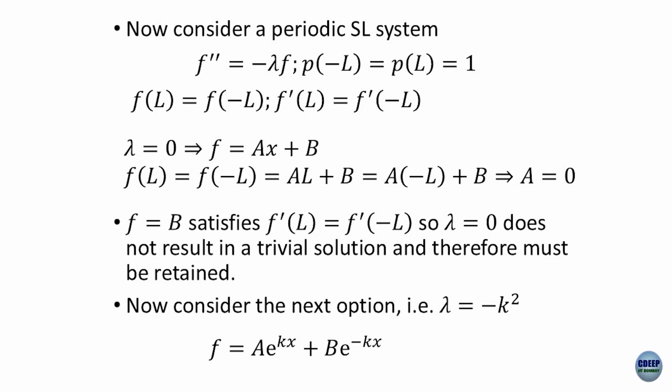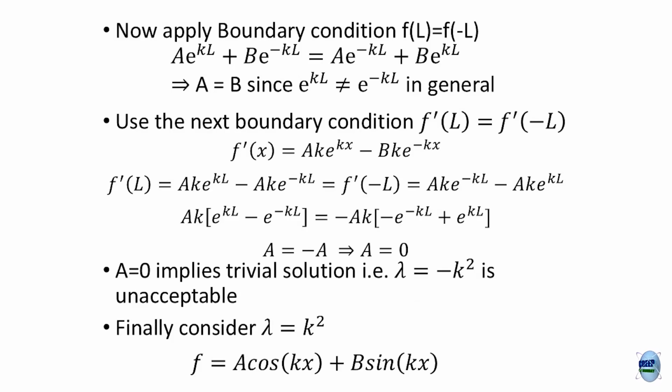And that's why this example was picked to impress on you that lambda equal to 0 is not always an eigenvalue that you can throw out. So when we used lambda equal to 0, we got the function as equal to some constant b, and so you need to retain it.